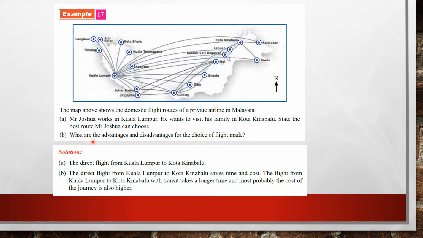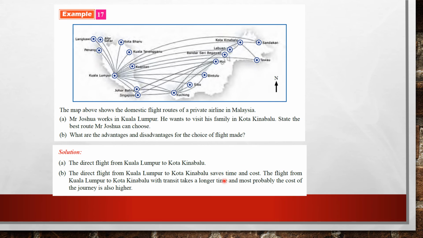Part B, what are the advantages and disadvantages for the choice of flight made? We look at the direct flight. The direct flight from Kuala Lumpur to Kota Kinabalu saves time and cost. That means you go straight away from Kuala Lumpur and you reach Kota Kinabalu.